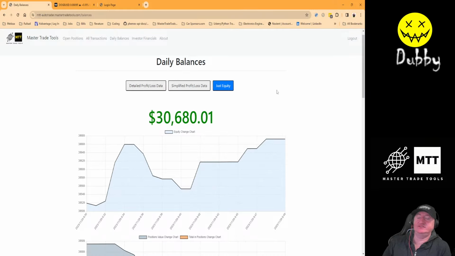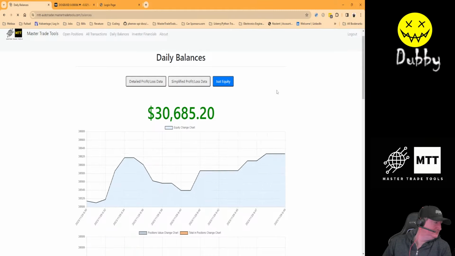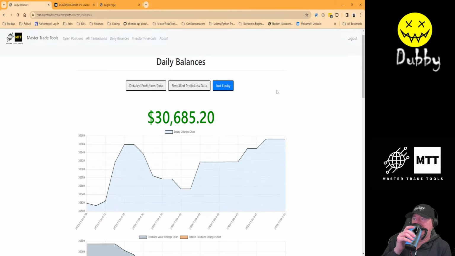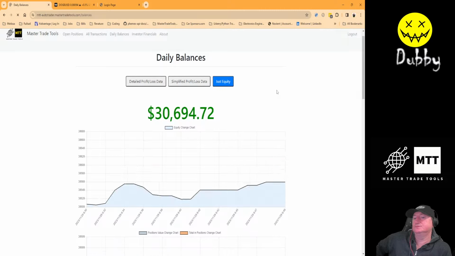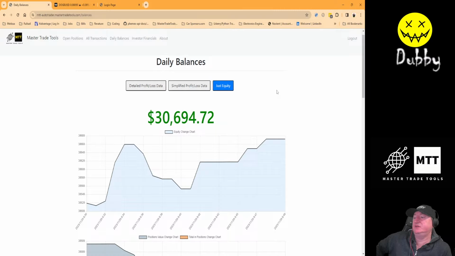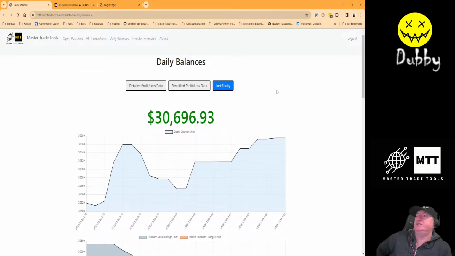I gotta admit, I do like this just equity look. Just gotta give it time, and then you'd start to see the progress.